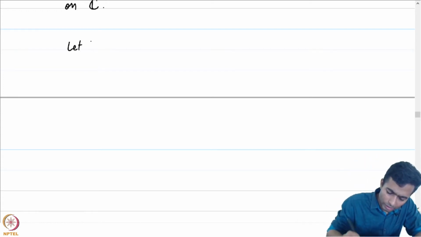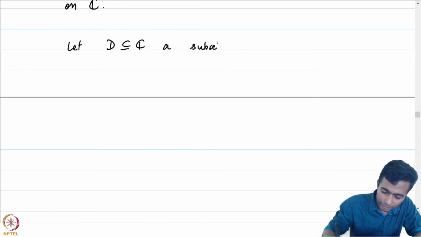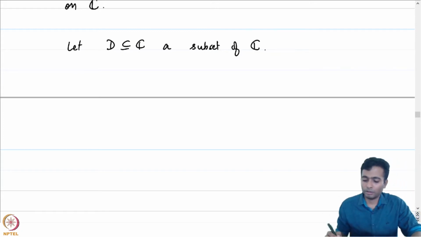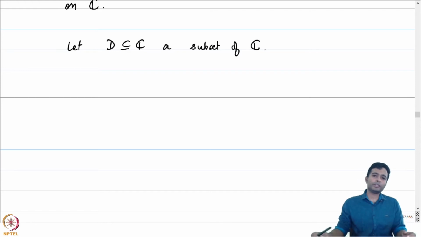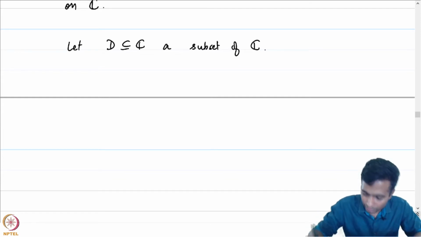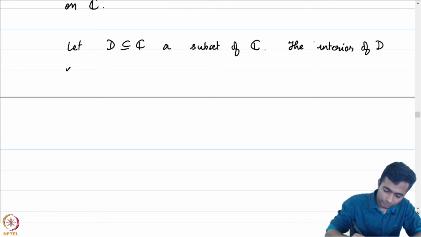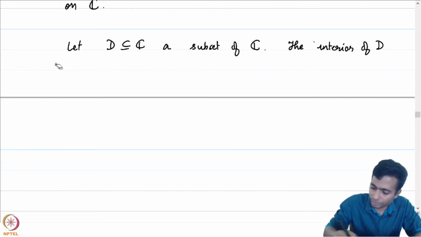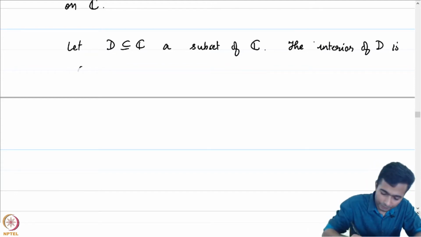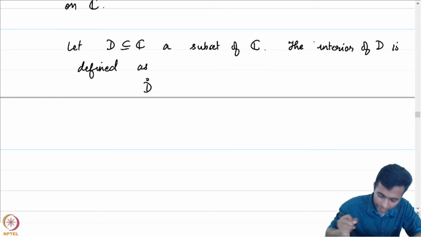Let D be an arbitrary subset of C. We define the interior of D to be the union of all open sets in C which are contained in D. It is sometimes denoted with a circle on top.